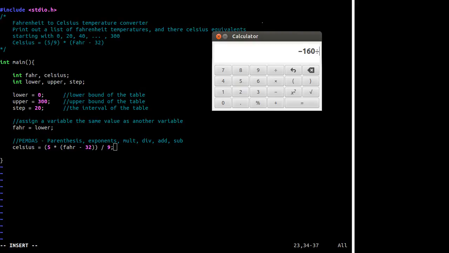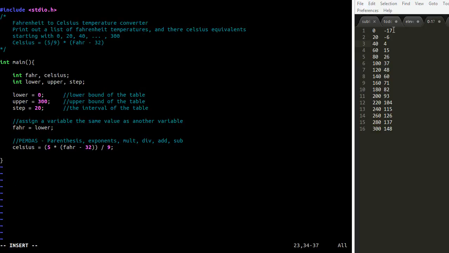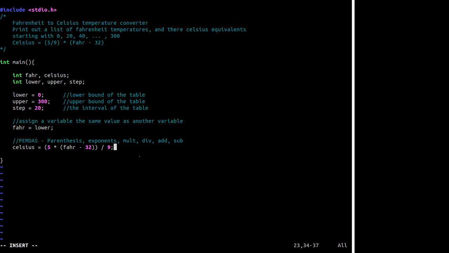And then we divide that by 9. We end up with negative 17.777778, which if you remember from our specs here, we only got negative 17. So it is going to truncate off this end here. But it's going to be close enough for our purposes that we're just going to have them all be whole numbers for now. So that's how we're going to do the calculation.